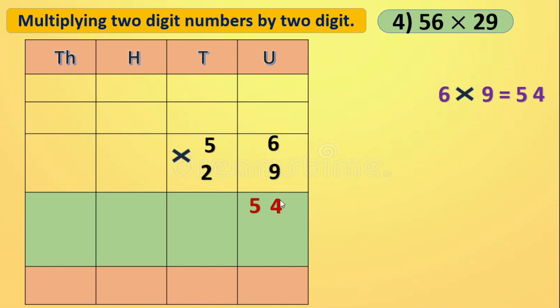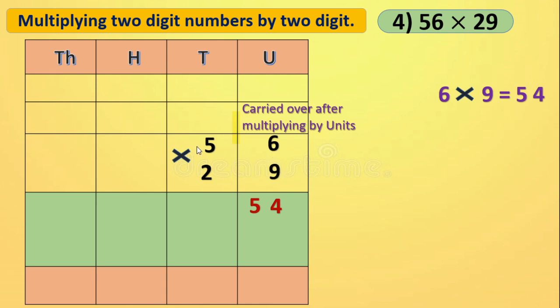But you know that 4 will remain here and 5 is carried over to the tens place. Yes, dear children, here I have drawn 2 rows. 2 empty rows you can see here. Why is this so? Because when we multiply the given number by the unit, okay, then what? The carried over numbers we can write in this row.